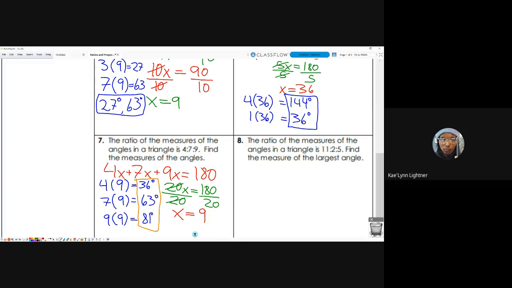So 11x plus 2x plus 5x equals 180. All right, now what did you do? So what's your next step?